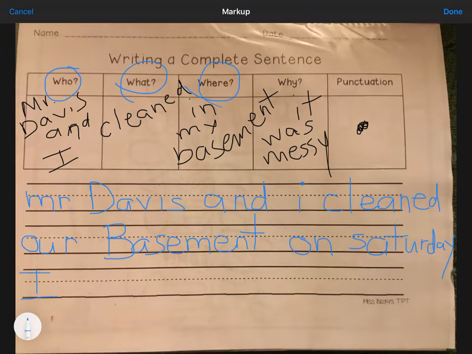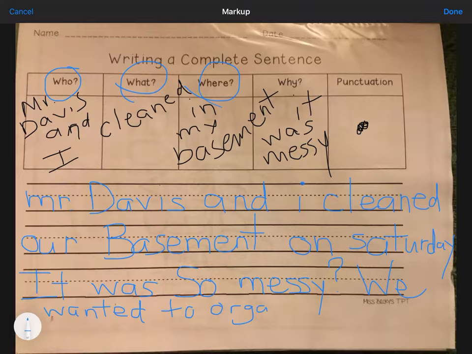It was so messy. Okay. We wanted to organize it.